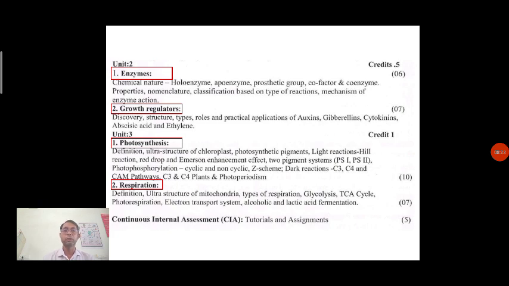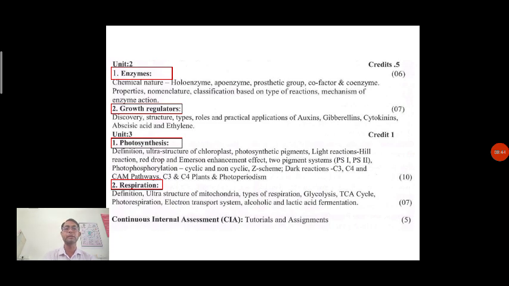Now the most important part is continuous internal assessment. That continuous internal assessment is to be conducted as tutorials and assignments. So in between the syllabus completion we also have to concentrate on the tutorials and assessment.